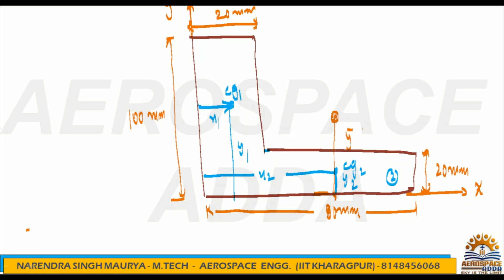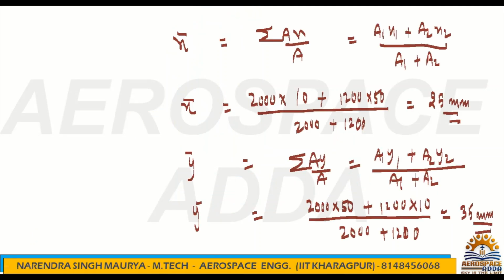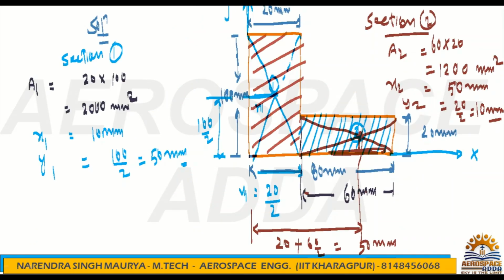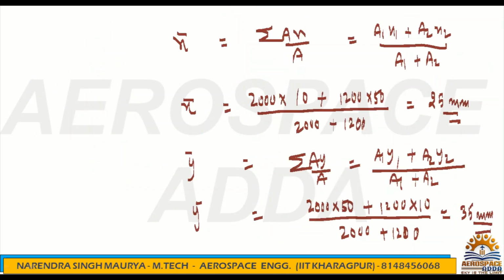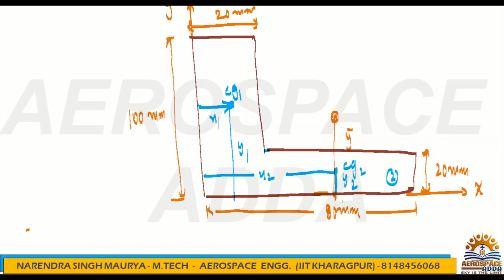Okay, where is x bar? x bar is 25 mm. Check, x1 is 10 and x2 is 50. So between x1 and x2 we have x bar. What is x bar? 25. So x2 is here and x1 is here, so between these it should be x bar. This is the x bar.